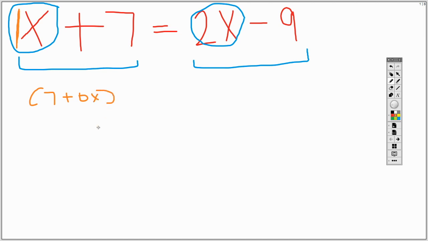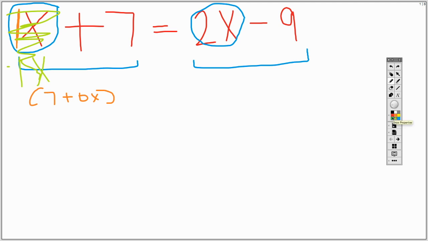So what number can we add or subtract that will make it 0x? That is minus 1x, right? So we minus the 1x and we get it. It is officially now just what we want.